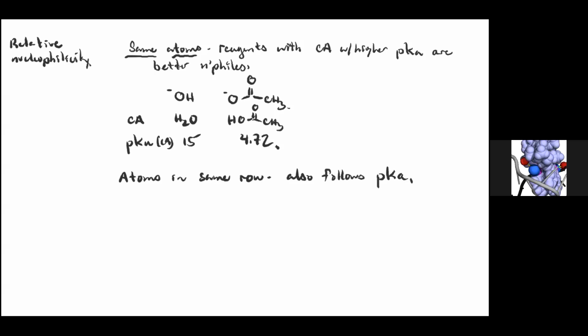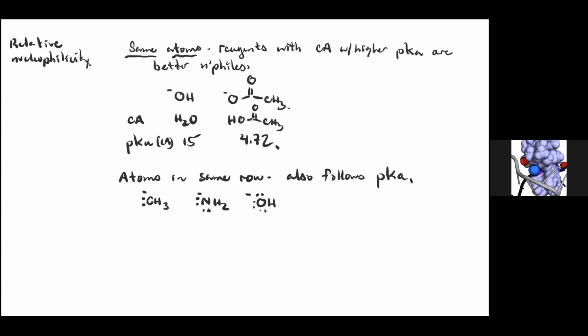Okay, and so if I have our second row elements, we would have carbon, nitrogen, and then oxygen, okay?